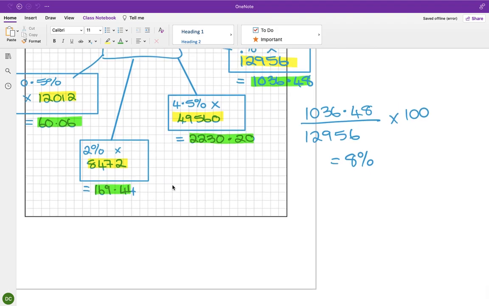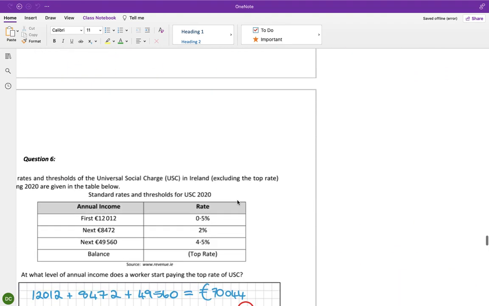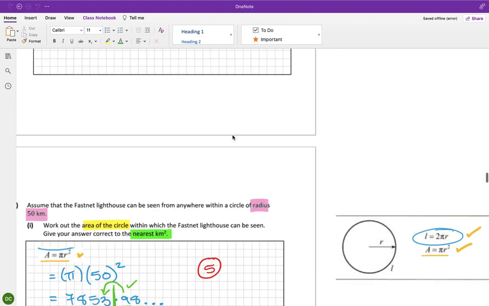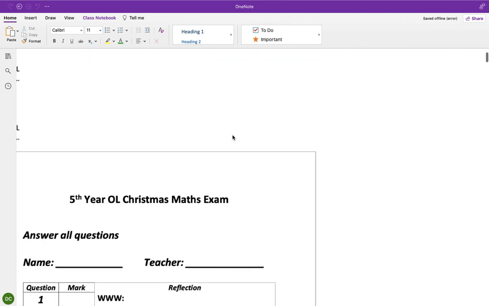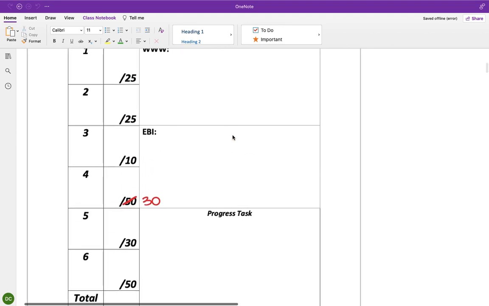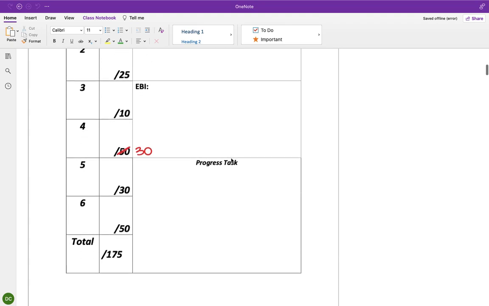Right. And that is that. So 15 and 10, 25, 25, 35, 45, 50. So it should be worth 50, which it is. And then I'm just going to amend the total. So 25 plus 25 plus 10 plus 30 plus 30 plus 50.